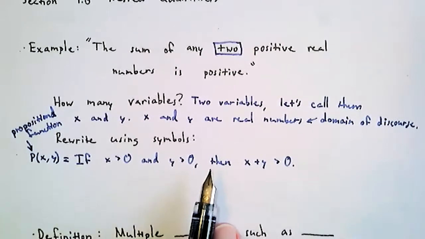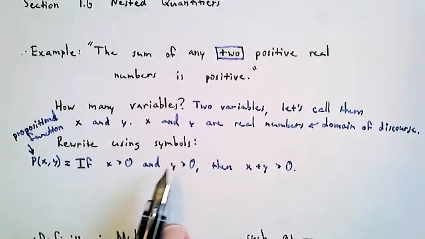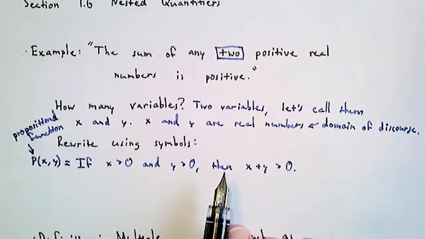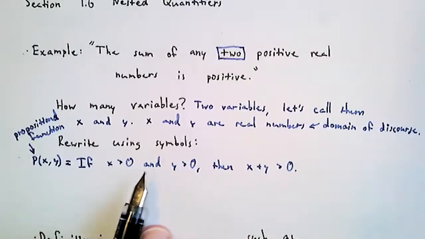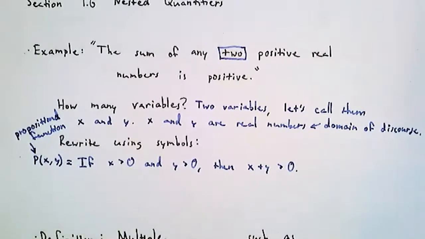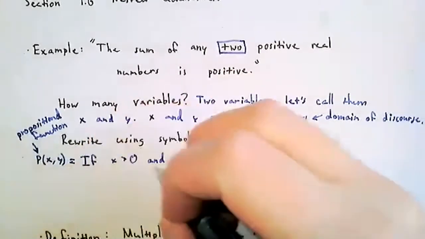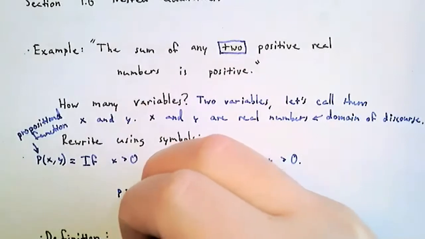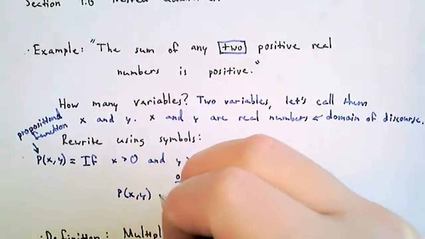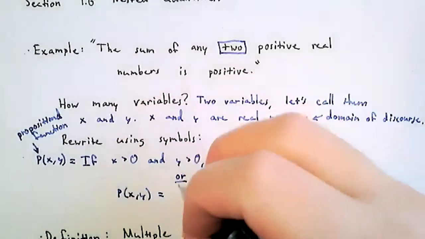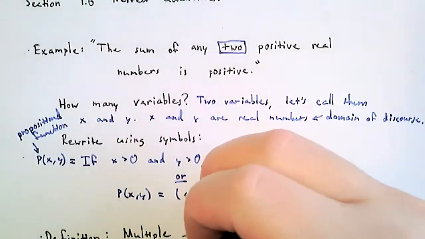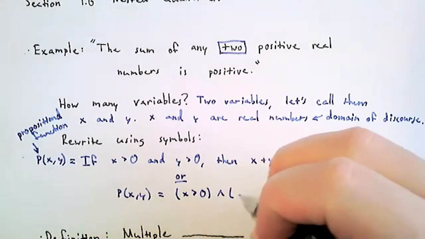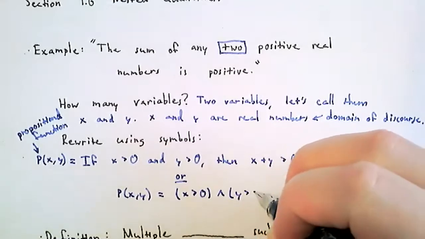And we can go a little bit further with our symbols because we have symbols for if-then propositions, and we also have a symbol for and. So let's use those. x is greater than 0 and y is greater than 0.